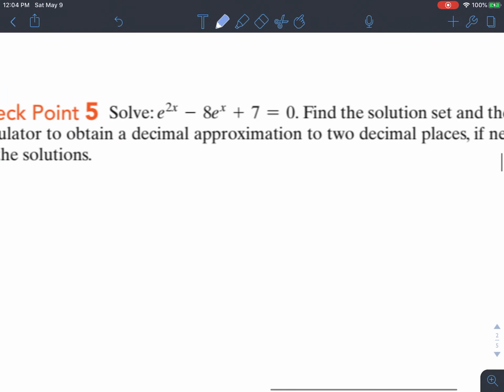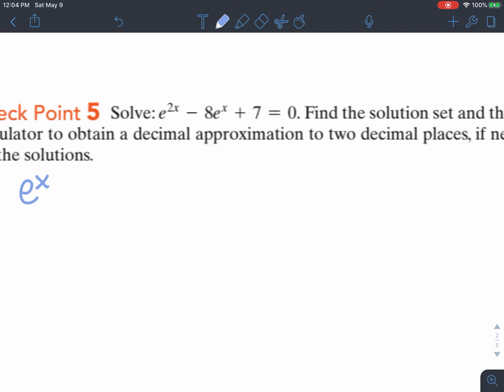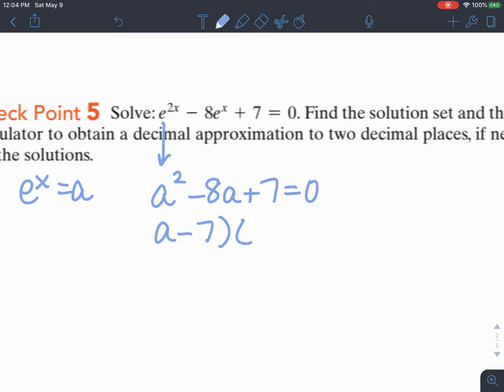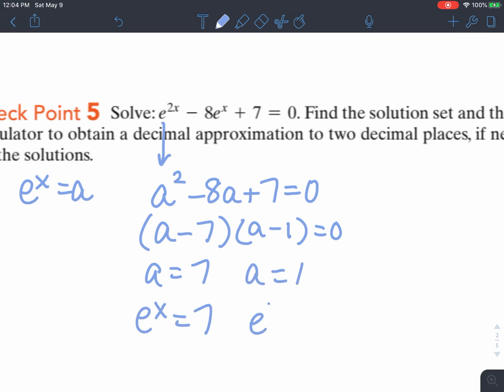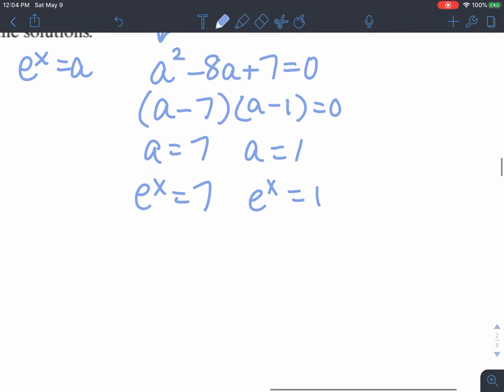Okay, so let's try this one. We're going to say e to the x is a. Then we're going to change our exponential equation here to a squared minus 8a plus 7 equals 0. e to the 0 is 1 because anything to the 0 is 1.